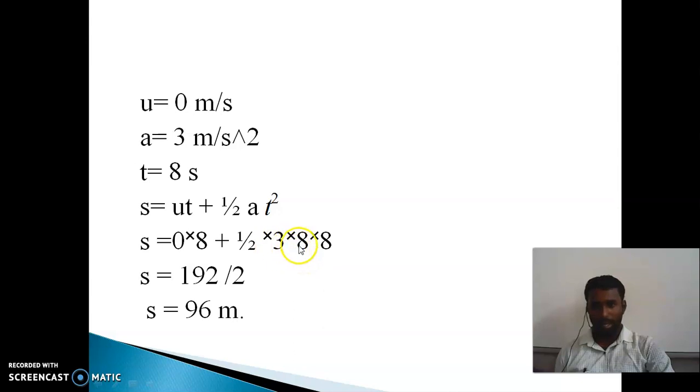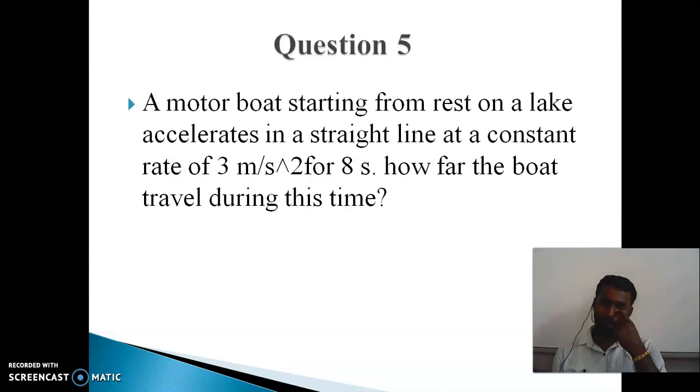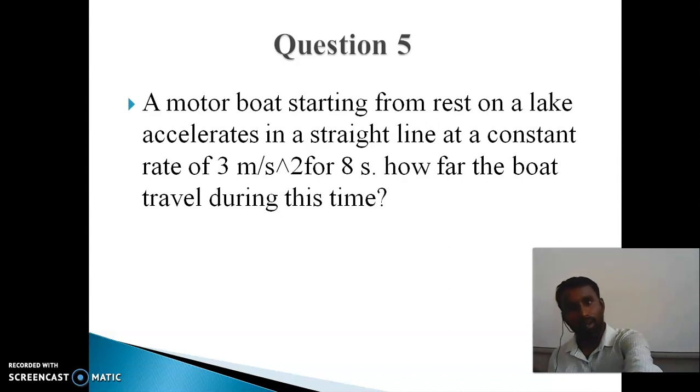So 8 into 3 into 8: 8 8s are 64, 64 into 3 is 192, and 192 into 1 is 192, divided by 2. 9 2s are 18, the remaining 1 comes here, so 6 2s are 12, so 96 meter is the answer.